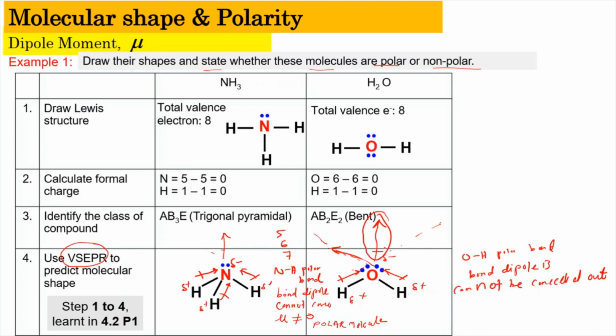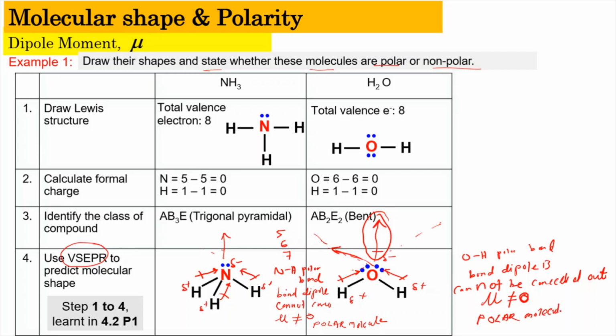When there is a resultant and no force to cancel it out, I know that my mu here is not equal to 0. As a result, I have a polar molecule.